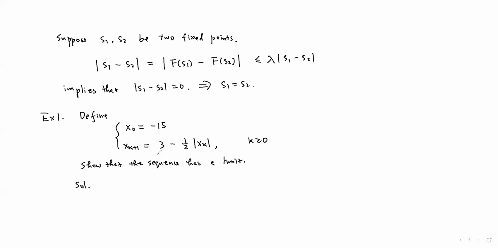Actually, this sequence results from a functional iteration. Look at the second equation here. The function is f(x) equal to 3 minus 1/2 absolute value of x. Now, I want to use the theorem to show that this sequence has a limit.